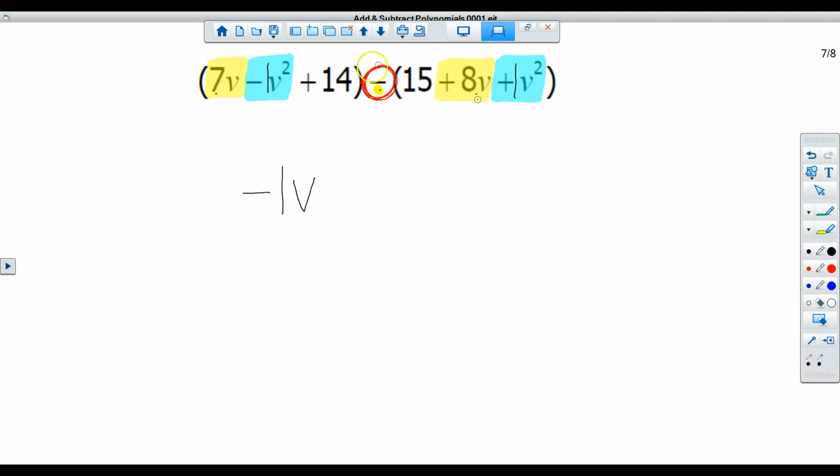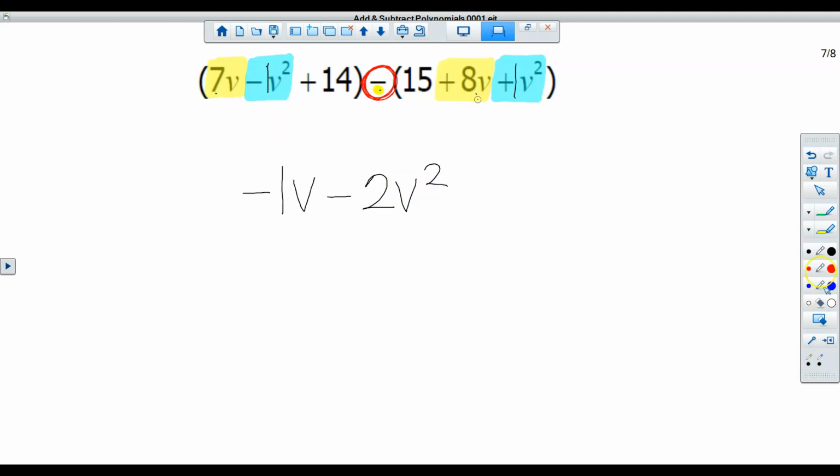But remember on this one, we are subtracting like terms. So you're going to do negative 1v squared minus positive 1v squared. So negative 1 minus 1. That's going to be negative 2. And since they both ended in v squared, negative 2 needs a v squared.